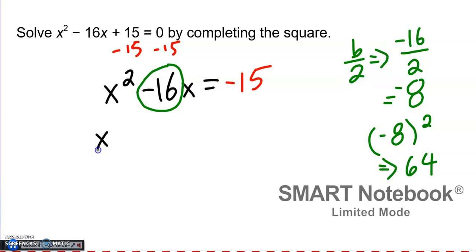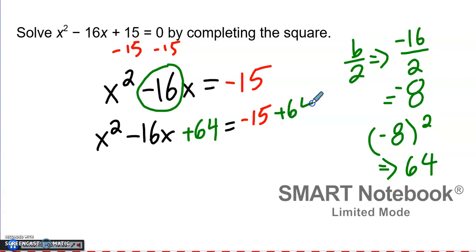So it's going to turn into x squared minus 16x plus 64 is equal to negative 15 plus 64.